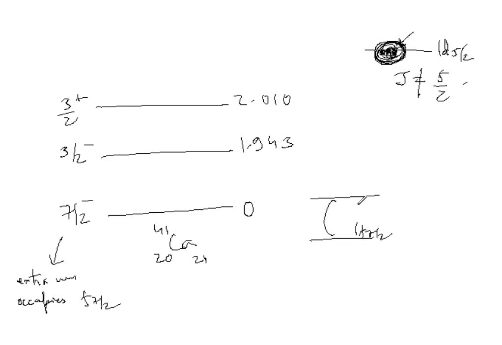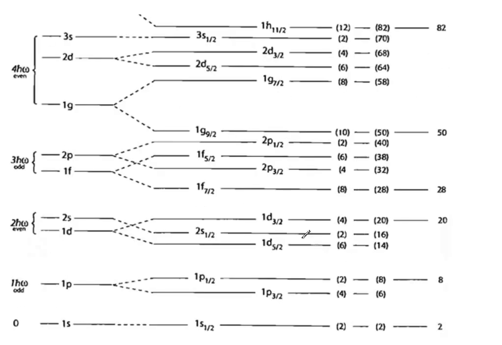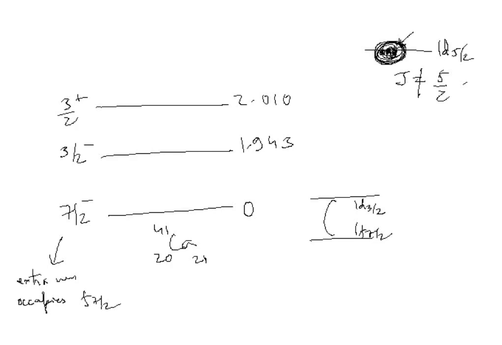1f7/2 to 1d 3/2, this happens, right? You see this diagram over here, 1d 3/2 is over here, this is 1f7/2, right? Just a second, let me write it down.